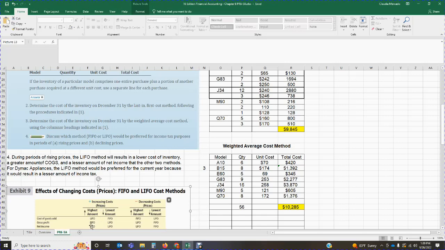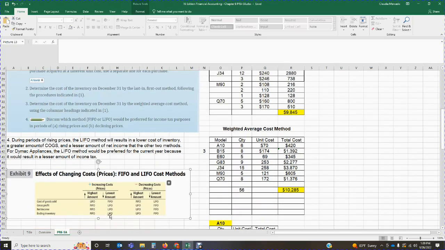That will yield you the lowest amount of your inventory cost and a greater amount of your cost of goods sold. LIFO would give you a lower amount of your ending inventory and a higher amount of your cost of goods sold than the other two methods. Therefore LIFO would be preferred for the current year because it will result in a lesser amount of income tax.